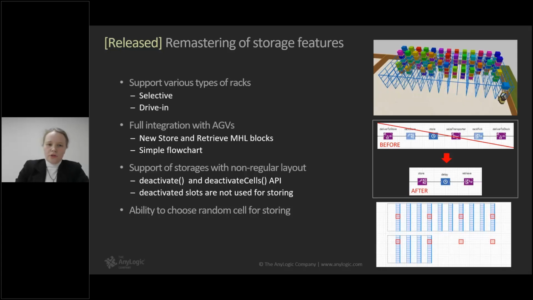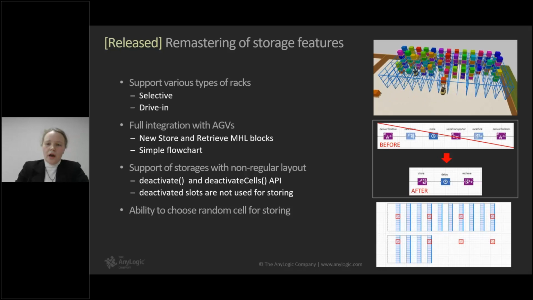Also, I want to highlight that there is a possibility to make a non-regular layout of the storage system. For example, if you have columns that interfere inside your rack, you can choose several cells inside the rack that will be deactivated.